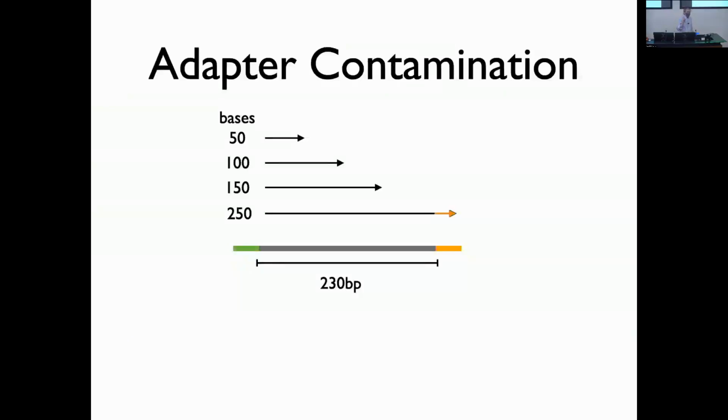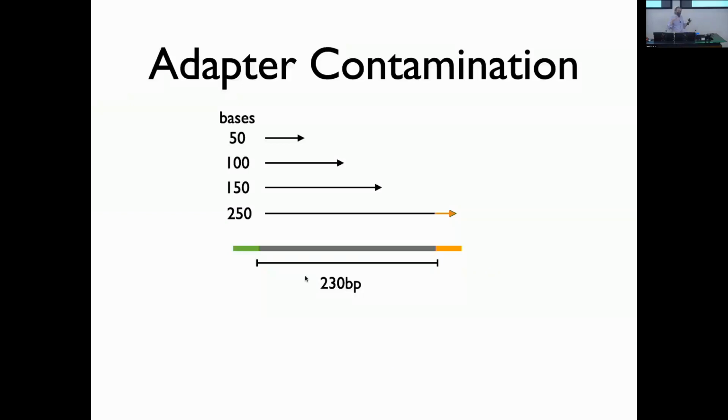One of the things you tend to care about in terms of trimming: there are usually two types of trimming you're doing. One is quality trimming, and one is adapter trimming. The reason you need adapter trimming is this. I told you last week that you can have different read lengths, that's the number of cycles that you sequence.